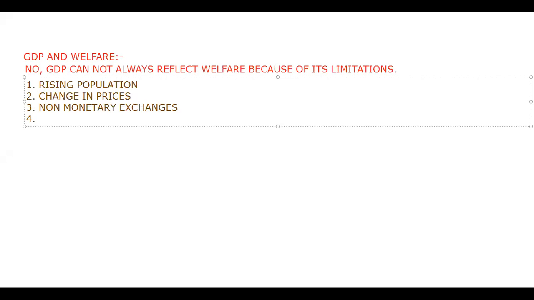For example, in free time, I am giving dance classes for free, or I'm giving painting classes, or I'm teaching for free. So these are all non-monetary exchanges, which are not measured in terms of money. Don't you think these kinds of transactions are not included in GDP, and because these transactions are not included in GDP, there would be an underestimation of GDP?